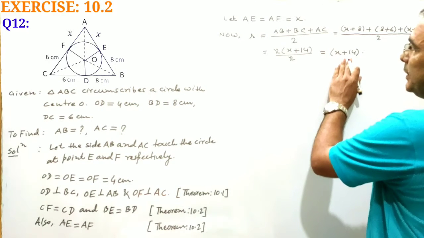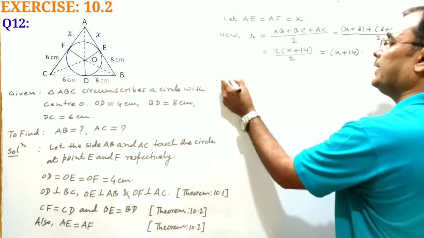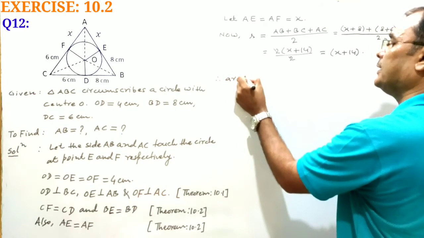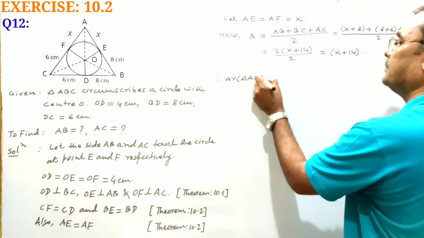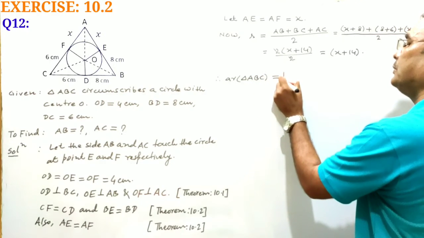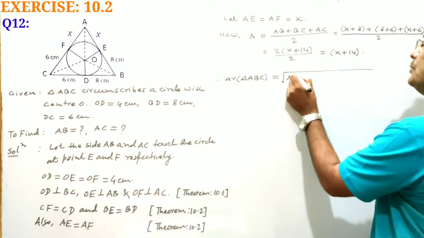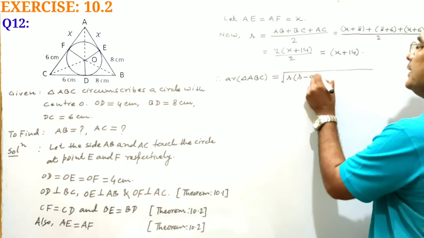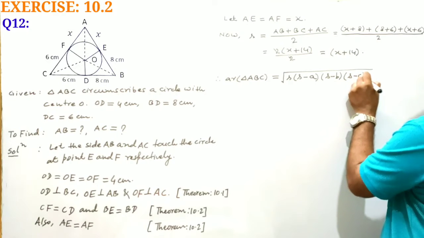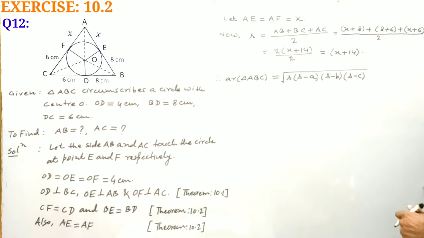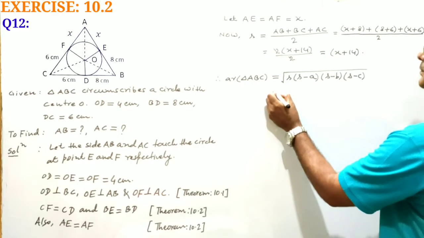So this is semi perimeter S. So therefore area of triangle, let me write in symbolic form, ABC equal to under root S into S minus A into S minus B into S minus C. This is Heron's formula to find area of a triangle in terms of sides of the triangle.